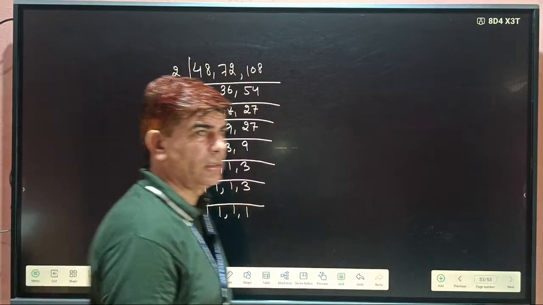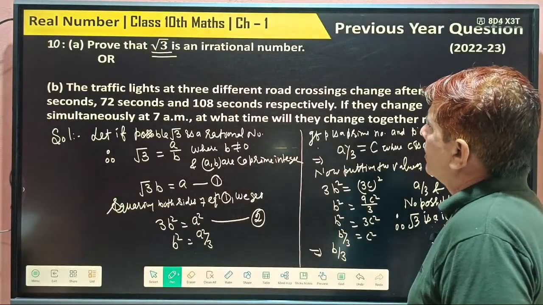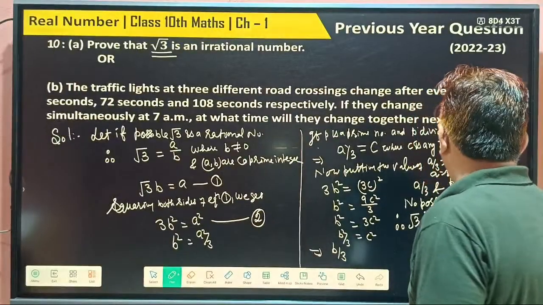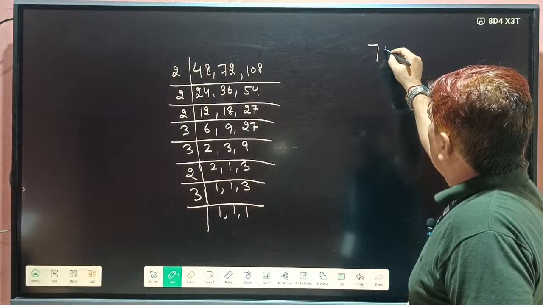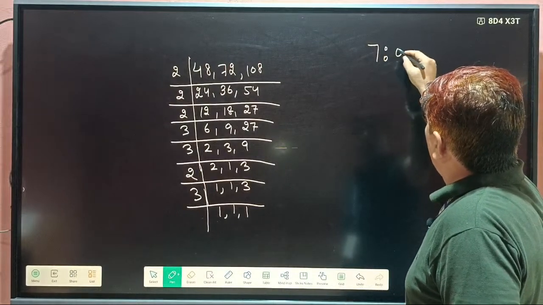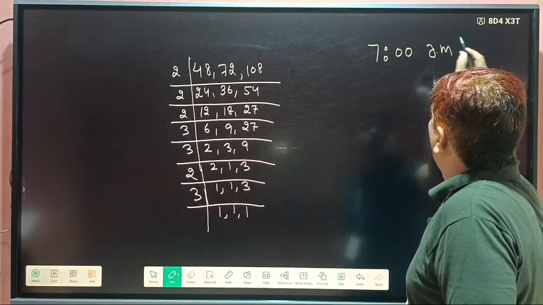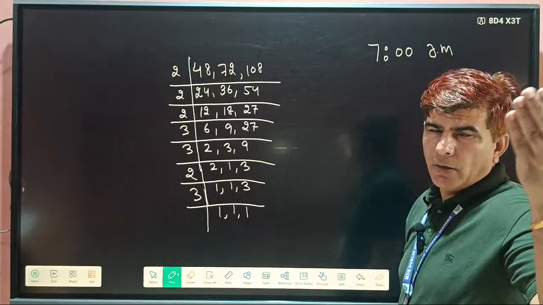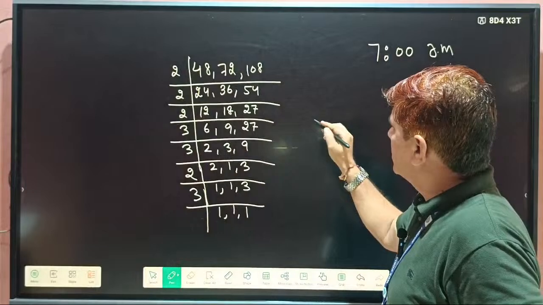If they change simultaneously at 7 a.m., and after that again when they change simultaneously, we find their LCM.